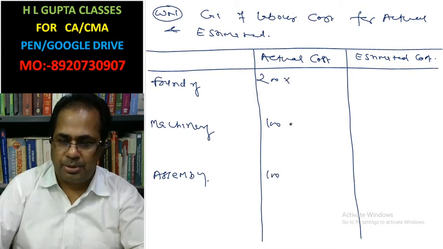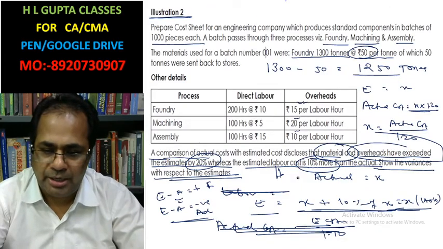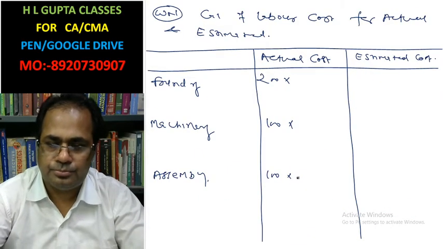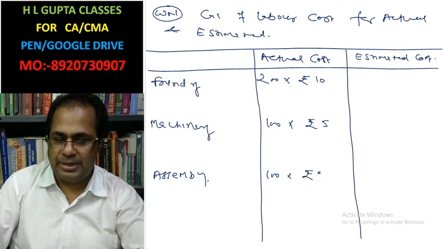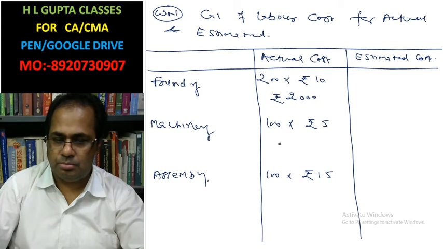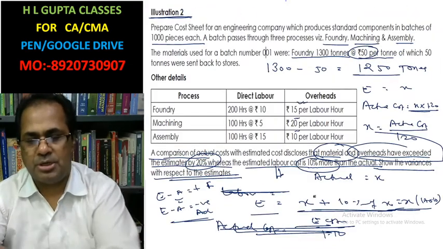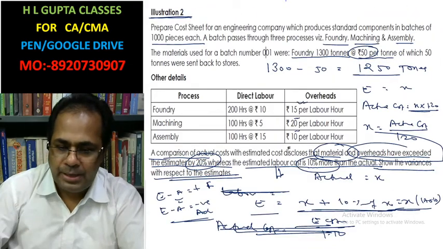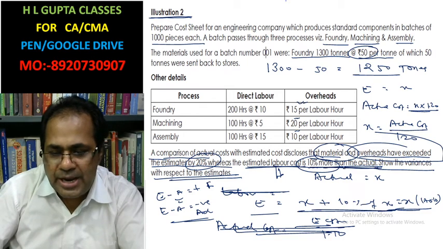The rate of labor cost is given in the question: rupees 10, rupees 5, rupees 15. This is rupees 2,000, rupees 500, rupees 1,500. Estimated labor cost is 10% more than the actual.